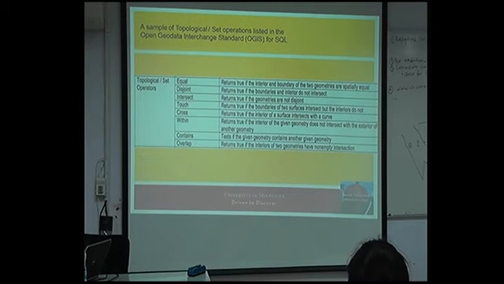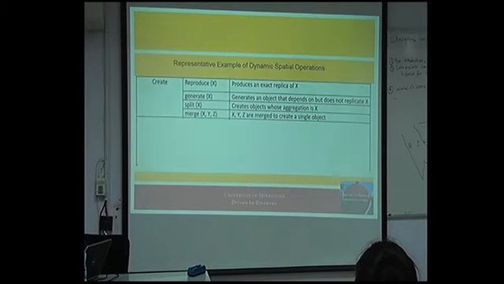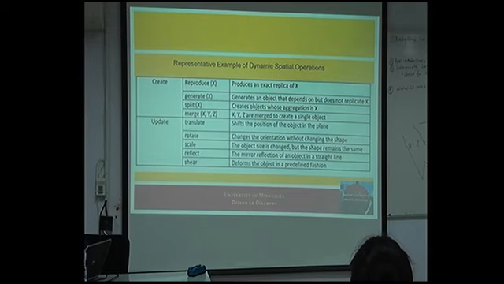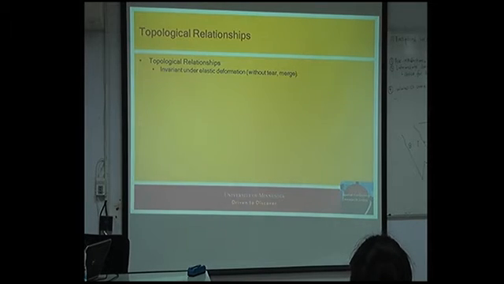Intersection is a condition for overlap. Basically, even if they just touch, then intersect will stay true, but overlap will be false. So a slight difference. And then you have a few others in terms of dynamic ones and so on. But let's ignore these.